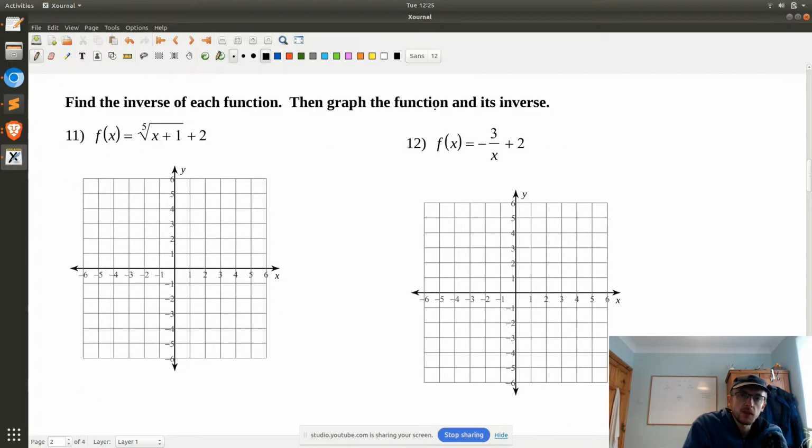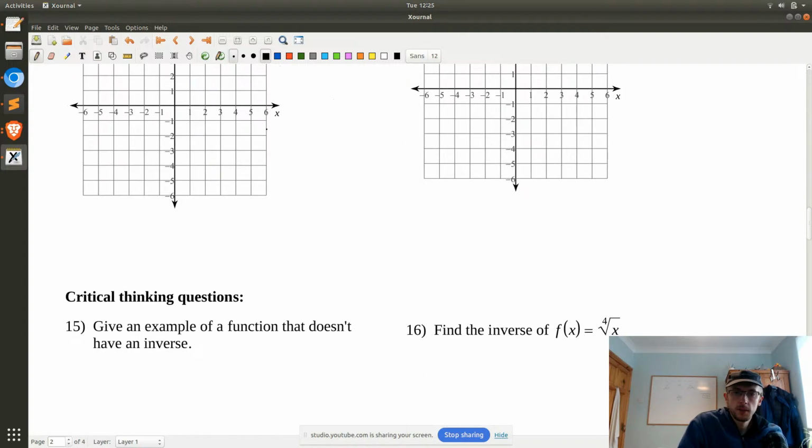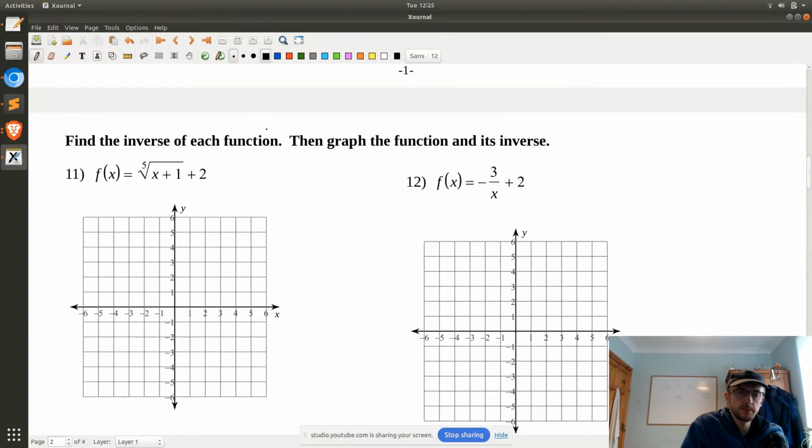Find the inverse of each function, then graph the function and its inverse. Okay. So y take 2, all to the 5, take 1.